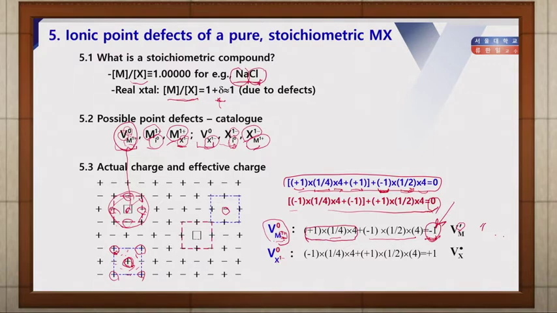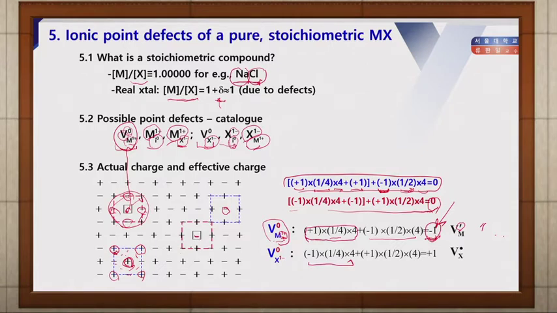This is very amusing. Here is the anion vacancy. There used to be 1 negative ion here. What about the effective charge of this repeating unit? We have 4 negative charges at each corner, which makes a contribution of 1/4 each. So it makes a -1.